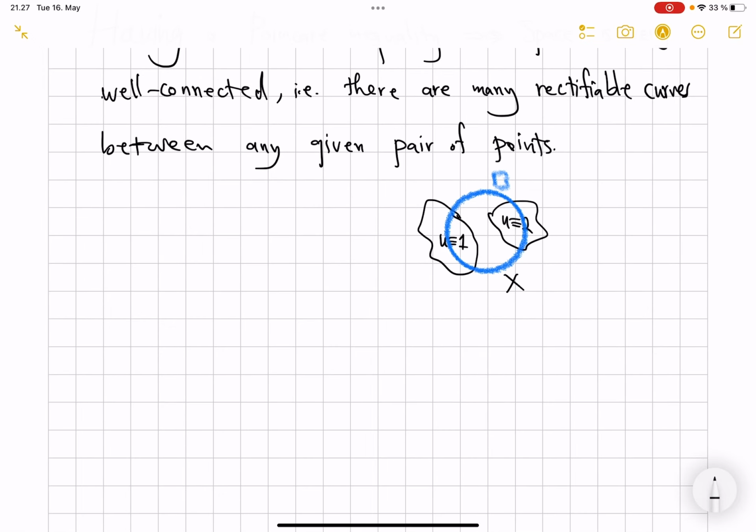What happens is that the smaller the P is, the more connected your space is. So we will see later that we always aim for the lowest exponent P for which we have Poincare inequality.